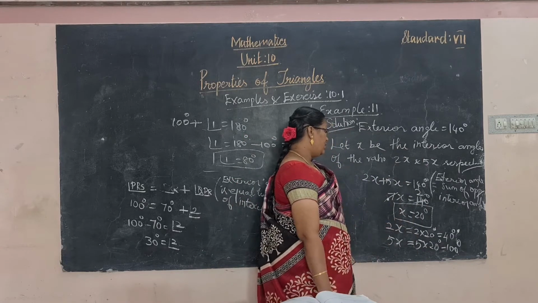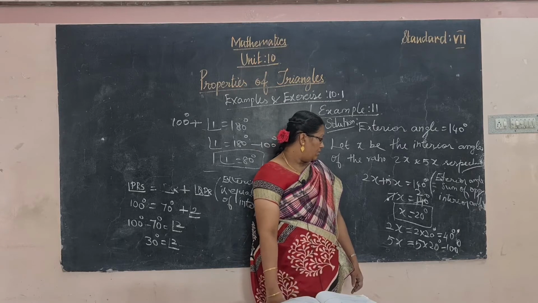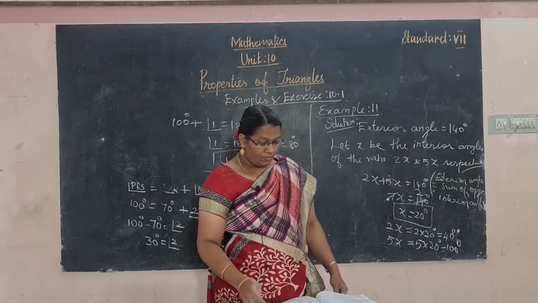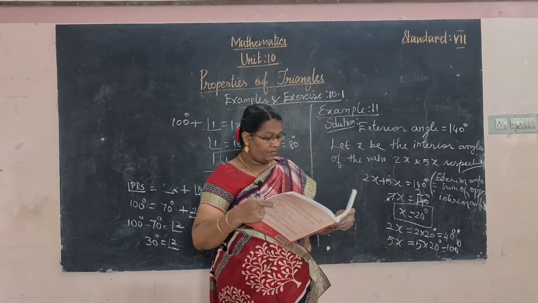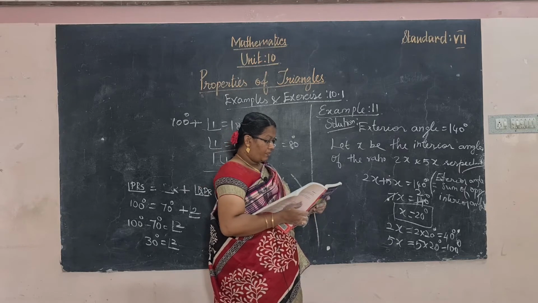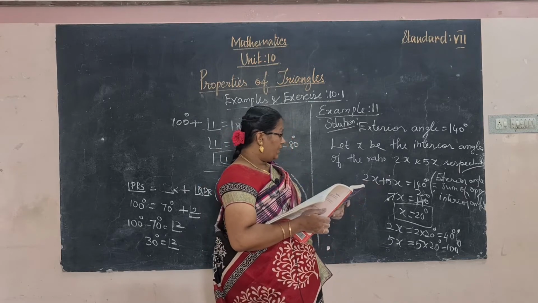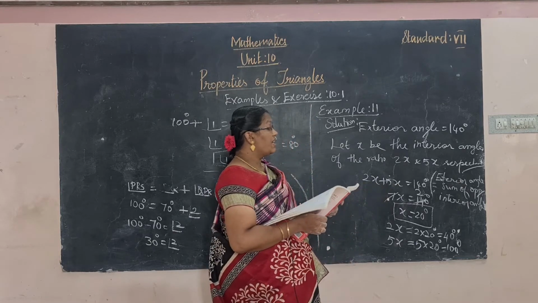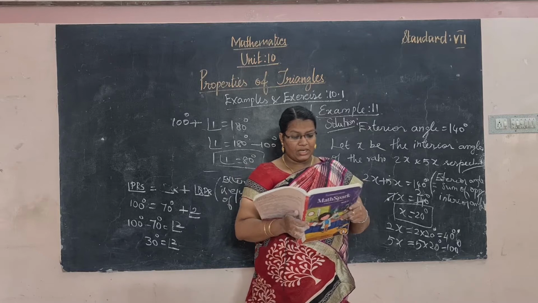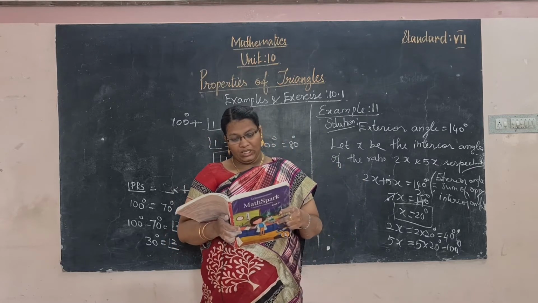X value was 20 degree. So one angle is 40 degree, another angle is 100 degree. The sum of these angles is the exterior angle, 140 degree. Okay, right.